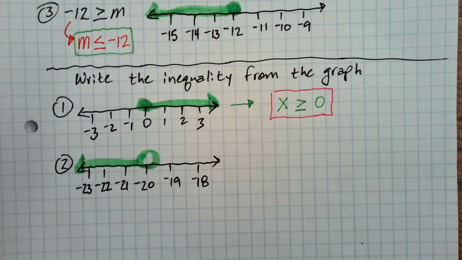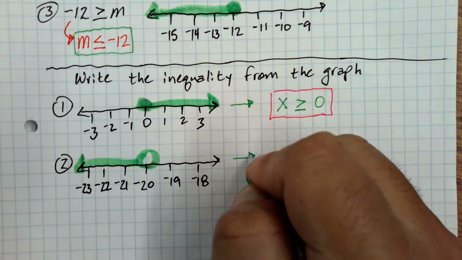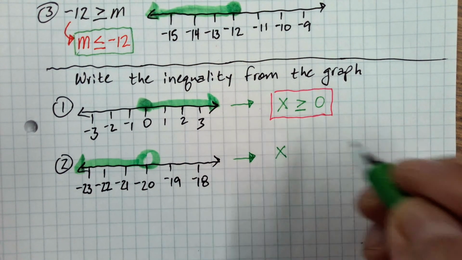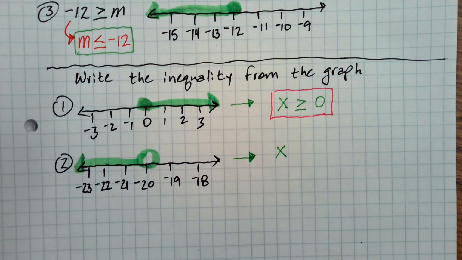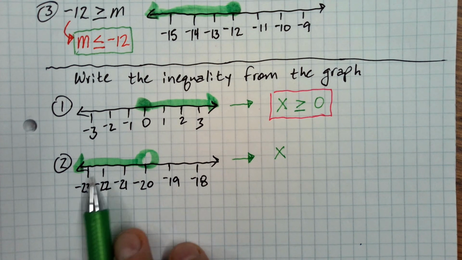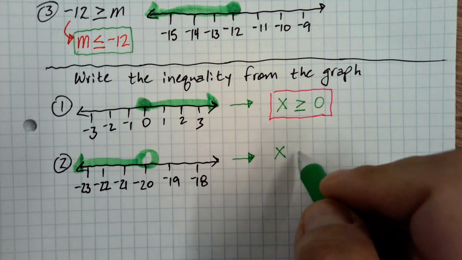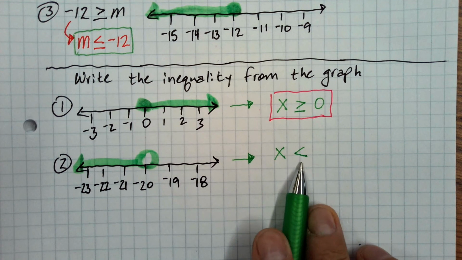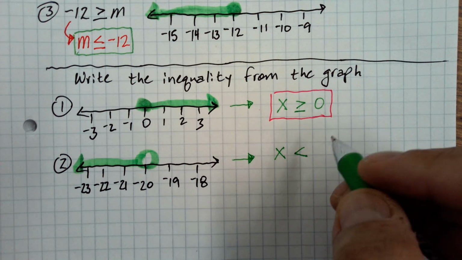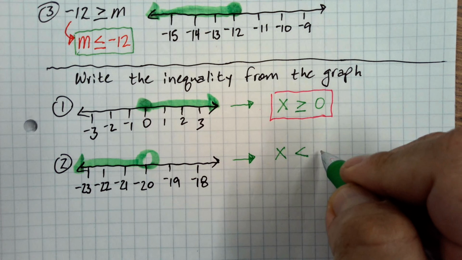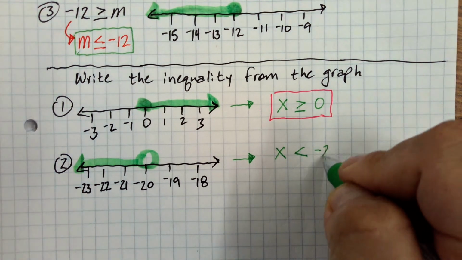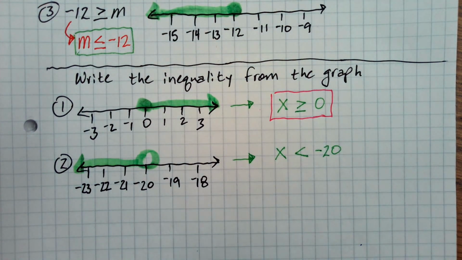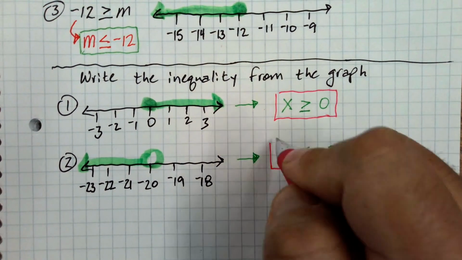Okay? So if we see this graph, what would we write? X is greater than or less than? What's it going to be? Less than. If it's shading to the left, it's less than. It's an open point. Do we want to put the bar underneath? Nope. So X is less than what number? Negative 20. There we go.